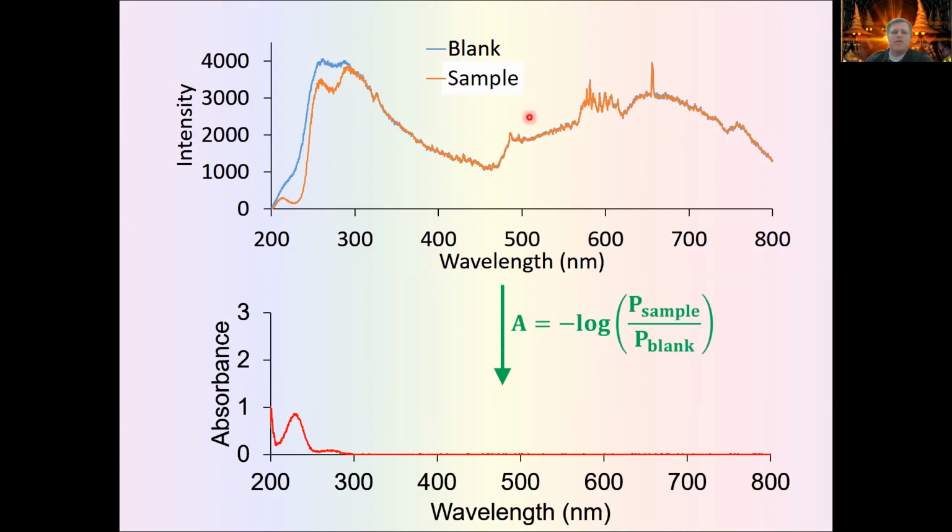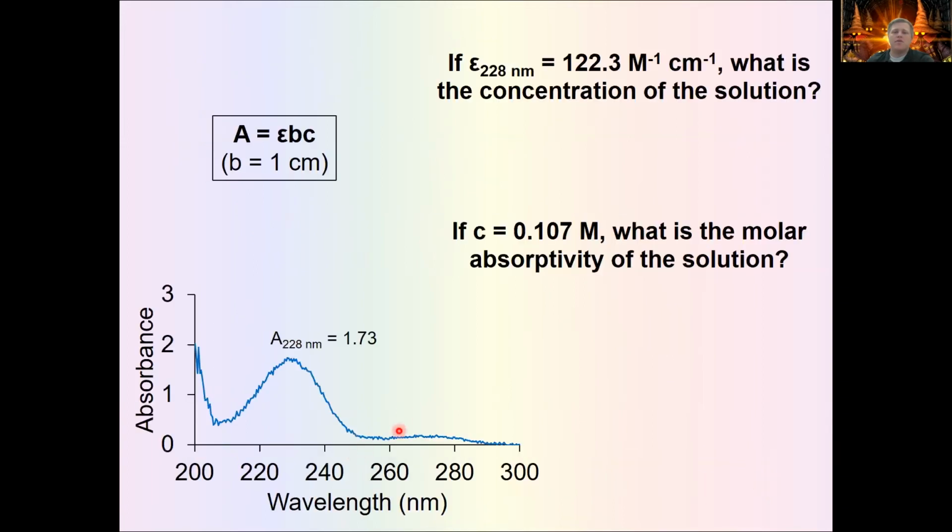So now that we've gone from our raw data to our absorbance data, let's practice with that absorbance data. I'm going to zoom in on this 200 to 300 nanometer range. We're going to look primarily at 228 nanometers because that's the place with the highest absorbance, at least on a peak that we can fully see. I'm actually going to give you two problems here.